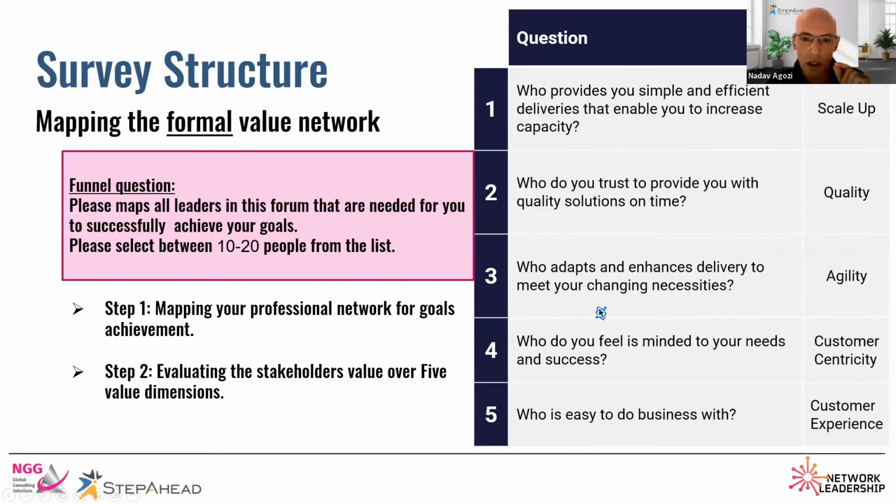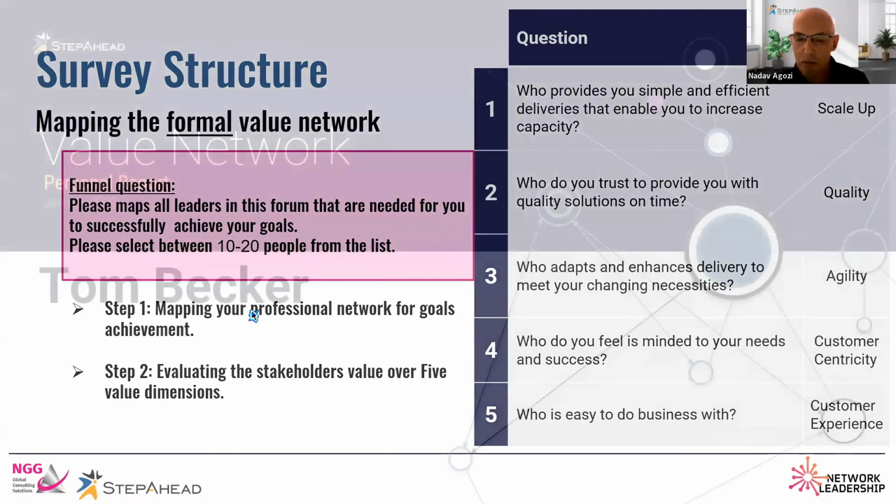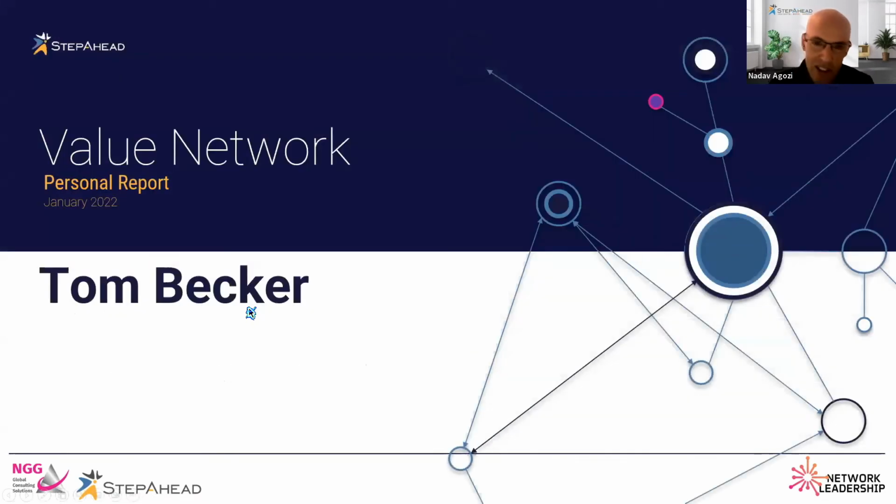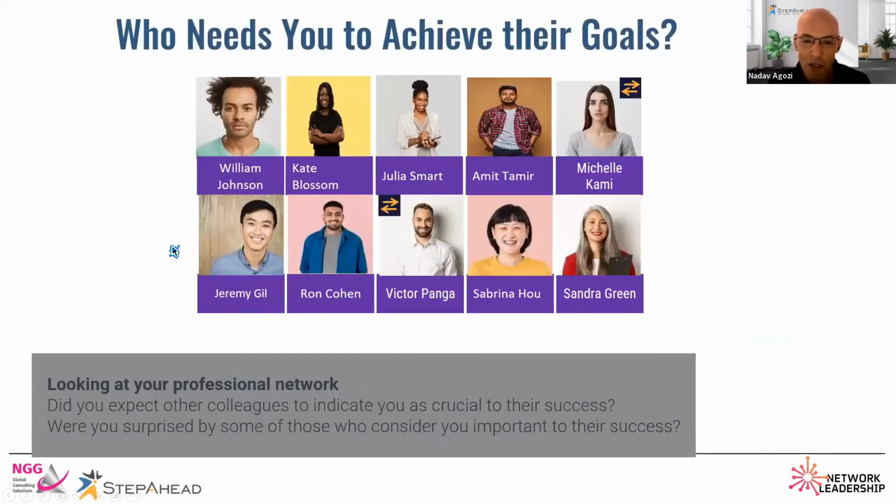And on different networks, people behave differently. So how can Tom Baker, just a random name, not a real name, how can this person create impact? Now, on his personal report, when he looked at the map, these are the people who need him to achieve their goals.